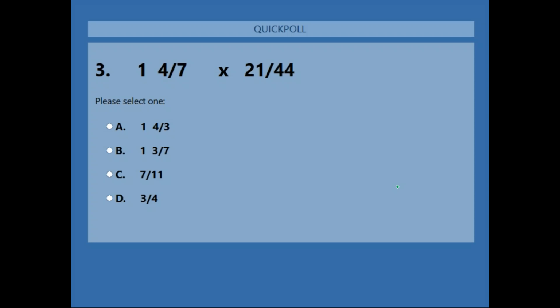If you did start the problem already, I want to give a hint to whoever is still thinking about the first step. We need to change the mixed number to an improper fraction first and then apply the cancellation method if possible. Sometimes you cannot find any common factors, then you will have to just multiply across right away. What would be the product for these two fractions?